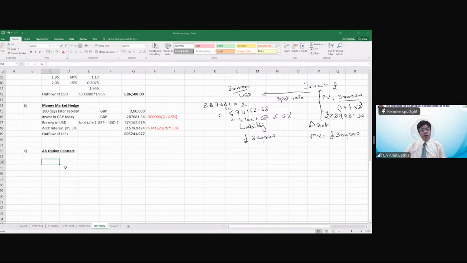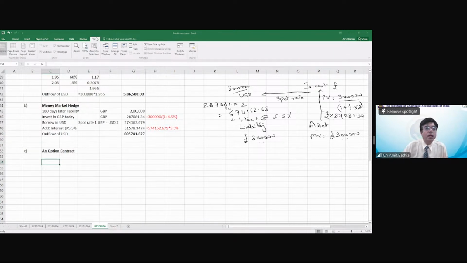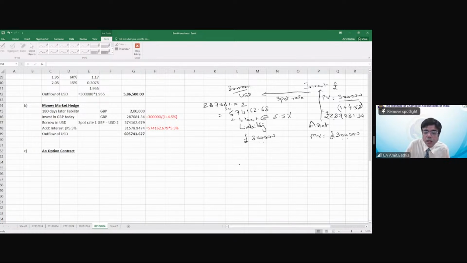So if the rate available in the market, the spot rate, is, let's say for example, 1.90, I'm just giving this hypothetical example right now, and I have the exercise price in the option of 1.97, plus I'm going to have a cost of 4 cents as premium, so my overall cost becomes 2.01.